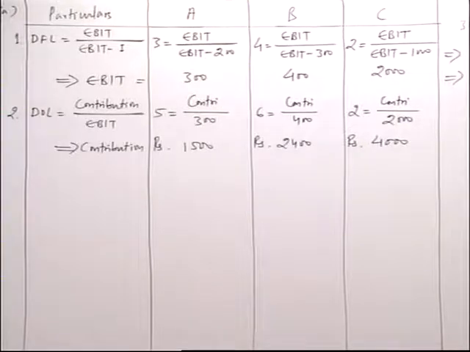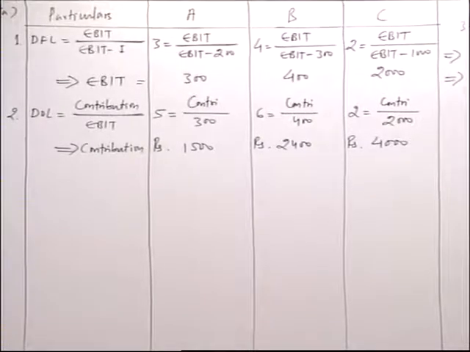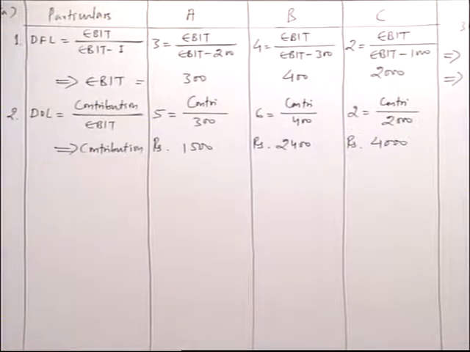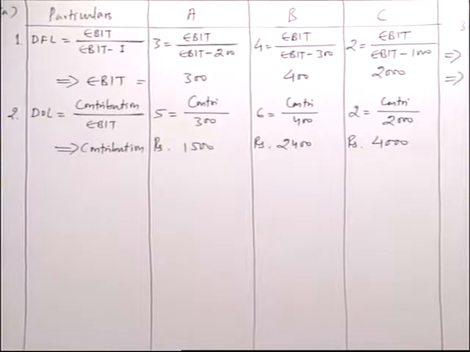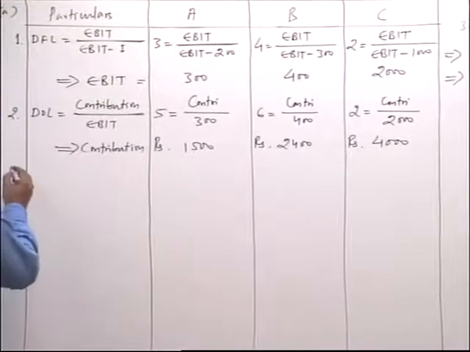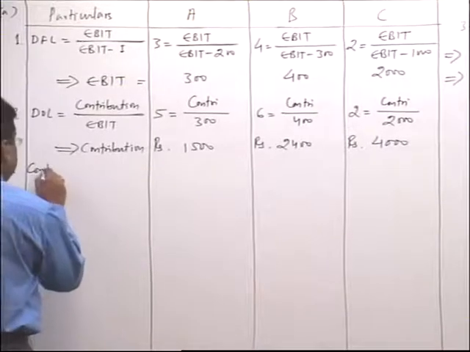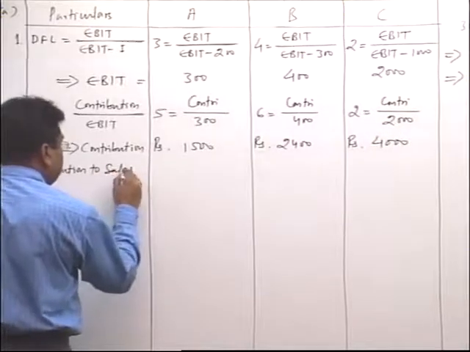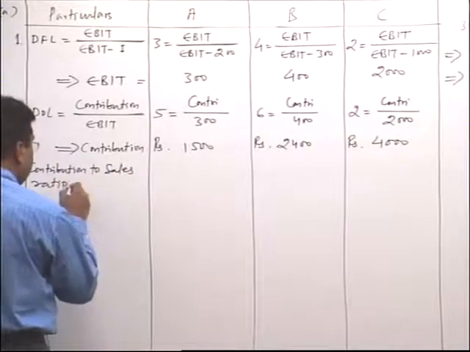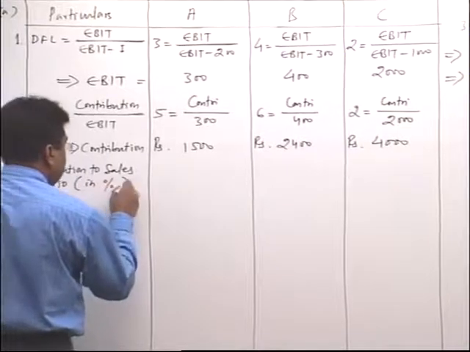Now, please see the question. In the first row, the variable cost to sales ratio is given. In case of company A, the variable cost is 66.67% of sales. So, the contribution to sales ratio will be 33.33%. So, next is contribution to sales ratio in percentage.